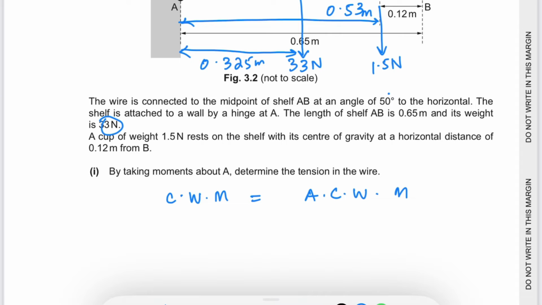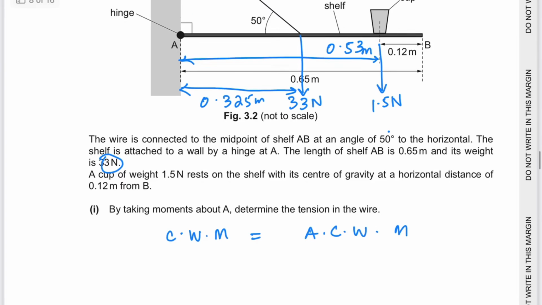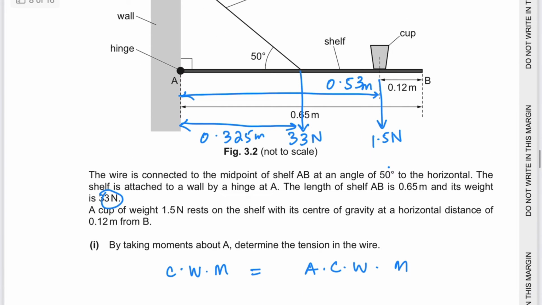Now, clockwise moment would be caused due to the weight of this shelf, which acts from its midpoint. So that moment is equal to force multiplied by perpendicular distance from the pivot, right?